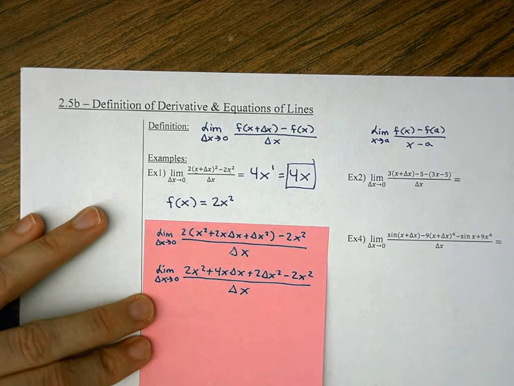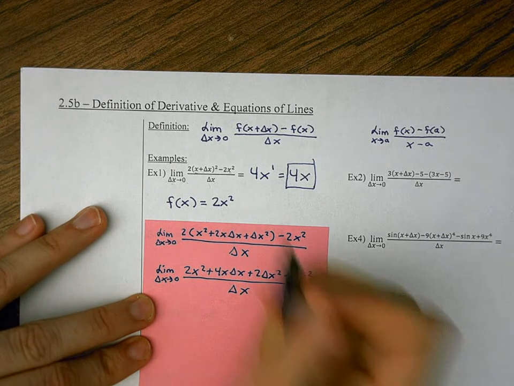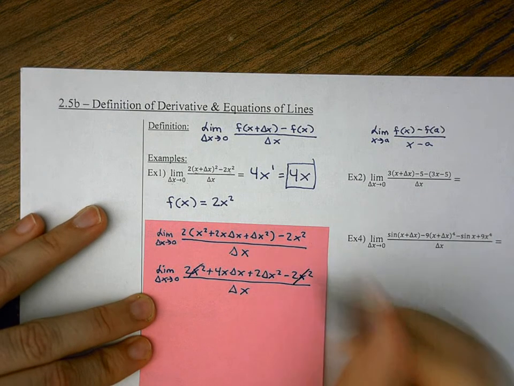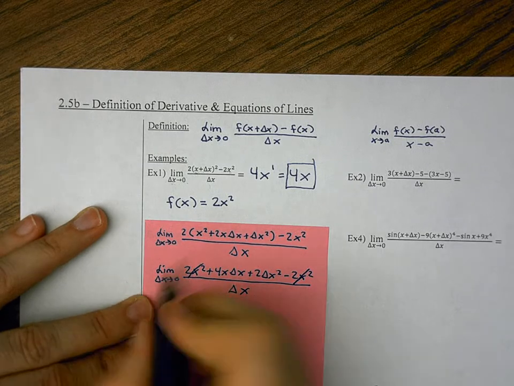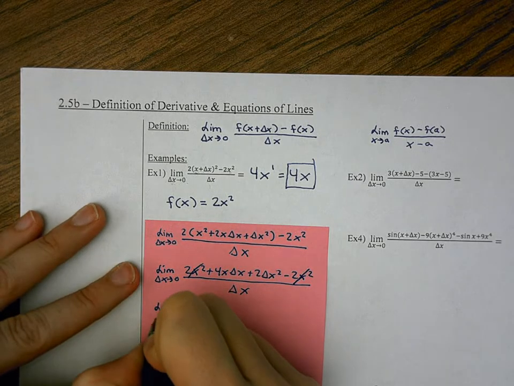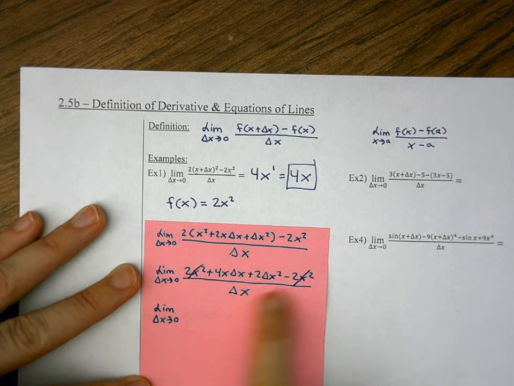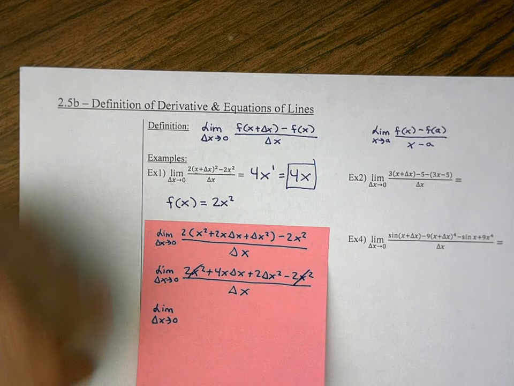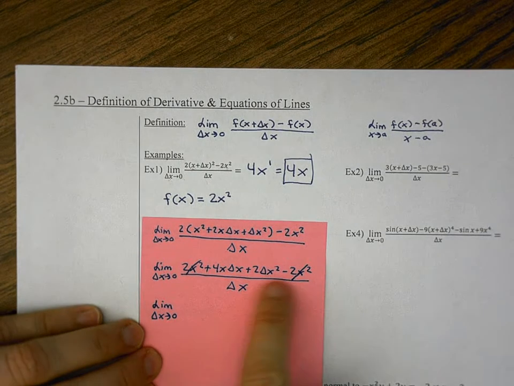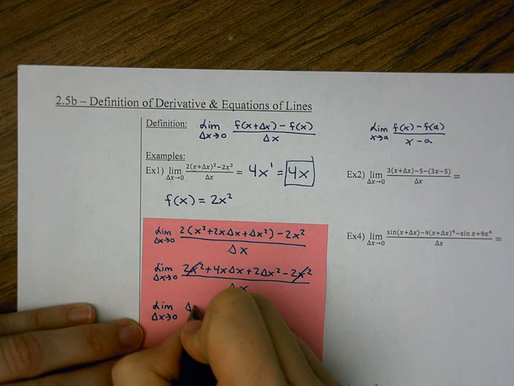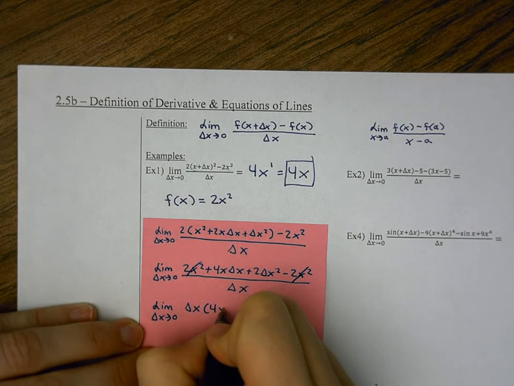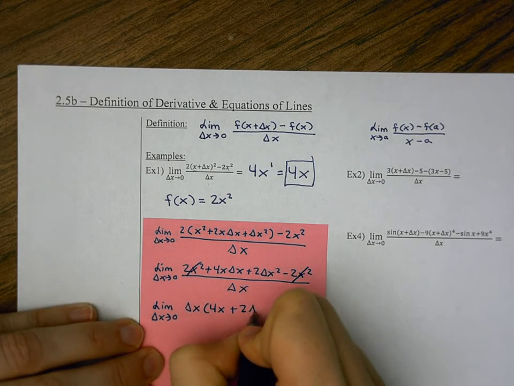Well, then we've got a 2x squared and a minus 2x squared, which are going to cancel. And so we are here at 4x delta x plus 2 delta x squared over delta x. And then I notice there's a delta x in common in the numerator. So maybe I factor that out, 4x plus 2 delta x.